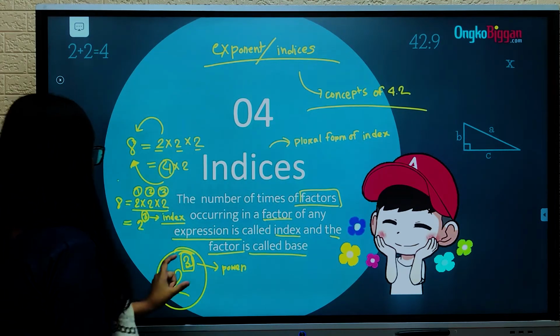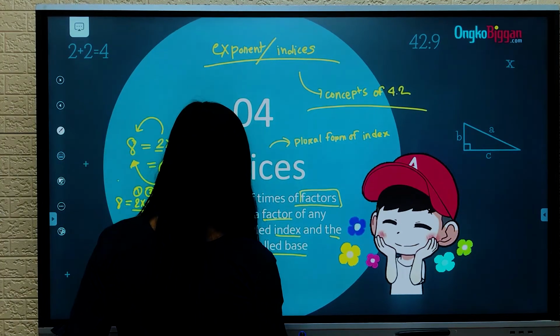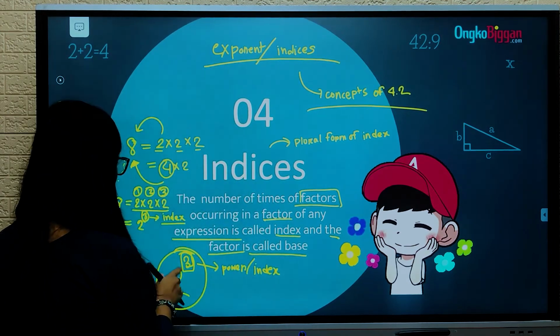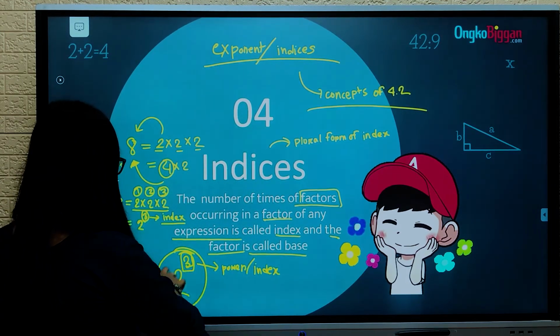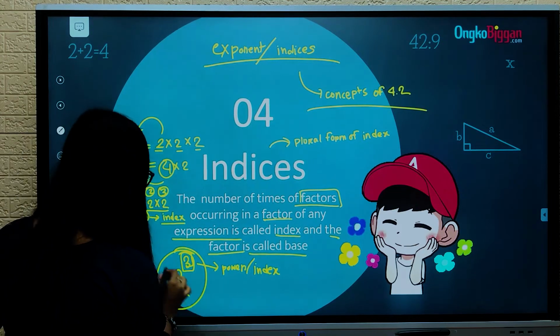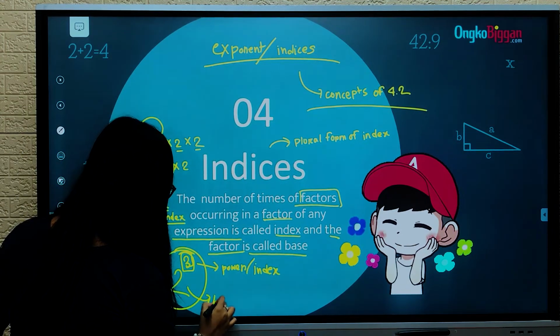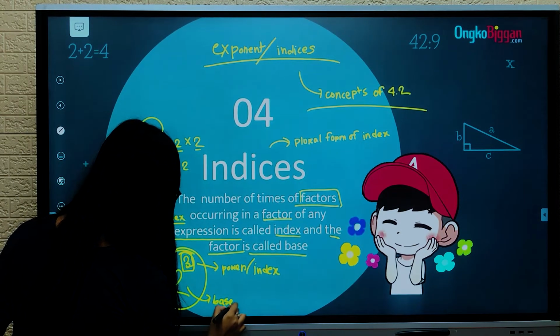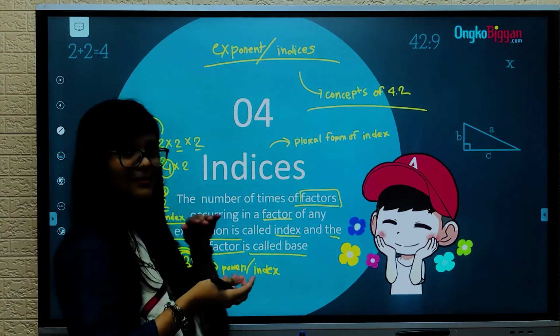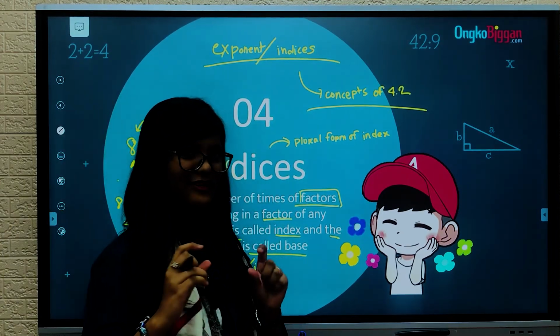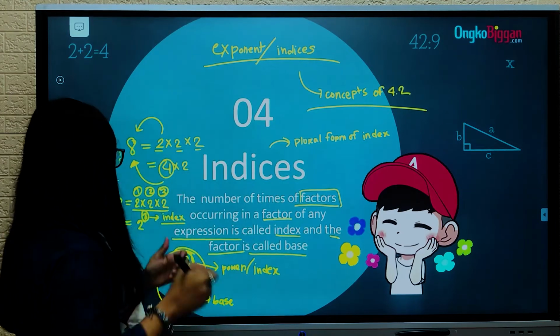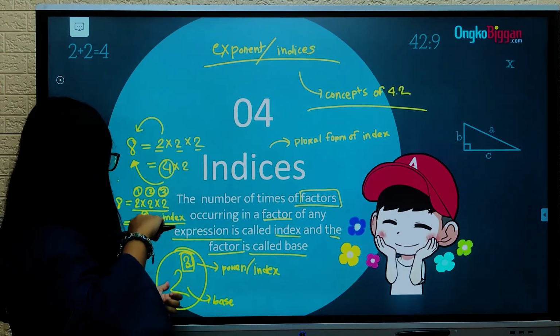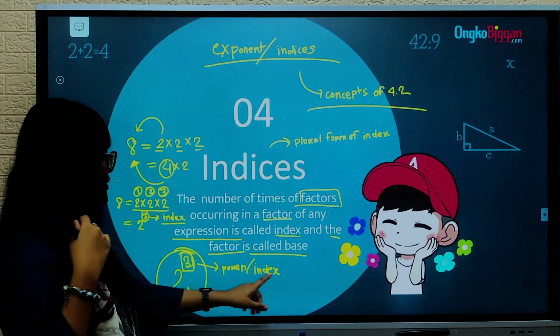Here 3 is termed as the power or the index, and 2, the factor written below, we term as base. The number written below is the base, and the number above is the power or index.